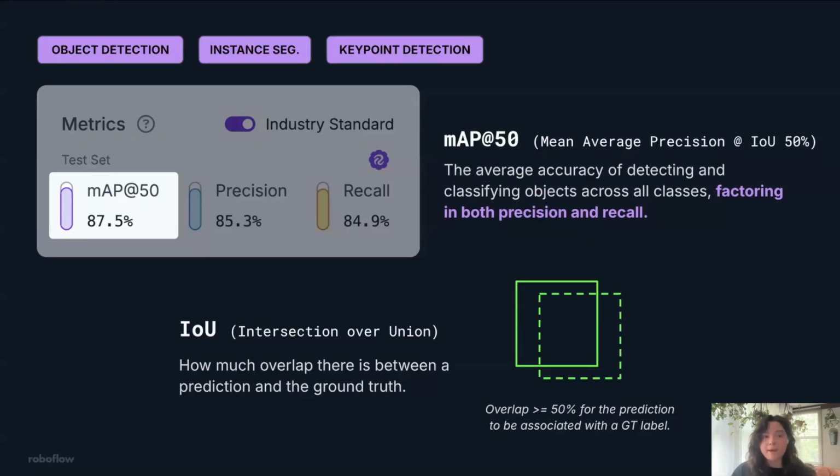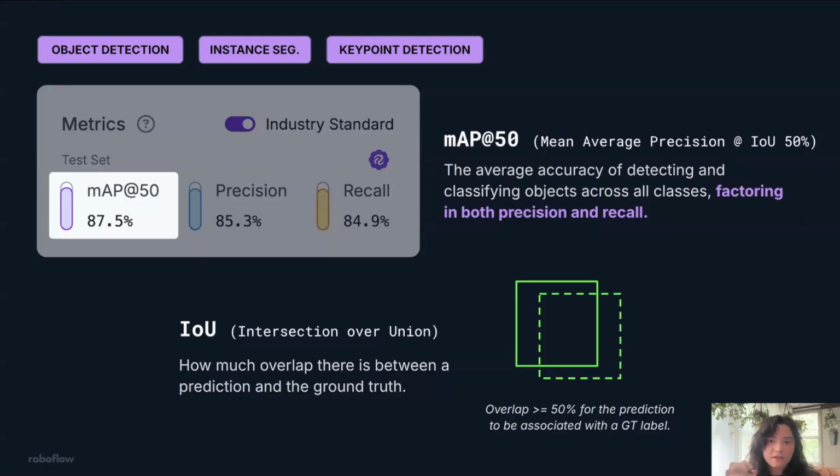So what mAP at 50 means is we're calculating mAP such that whenever a prediction is at least 50% overlapping a ground truth box, that counts as an actual associated prediction for that ground truth label.